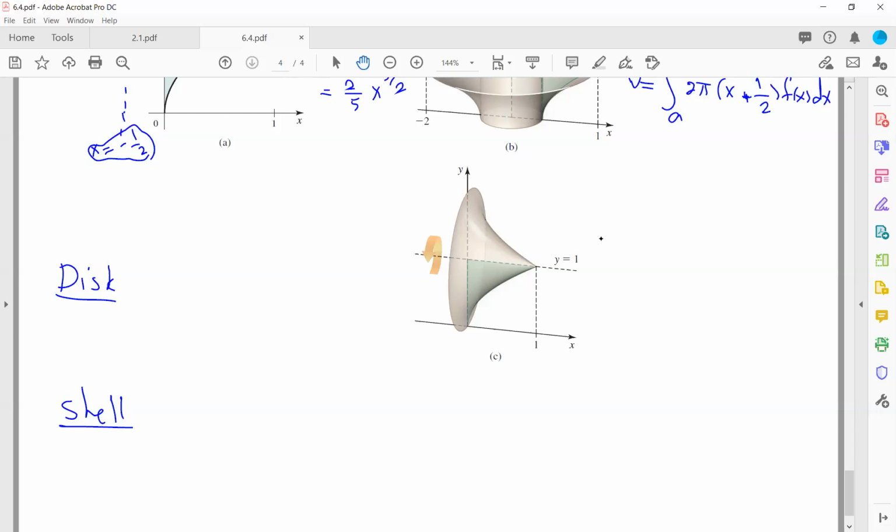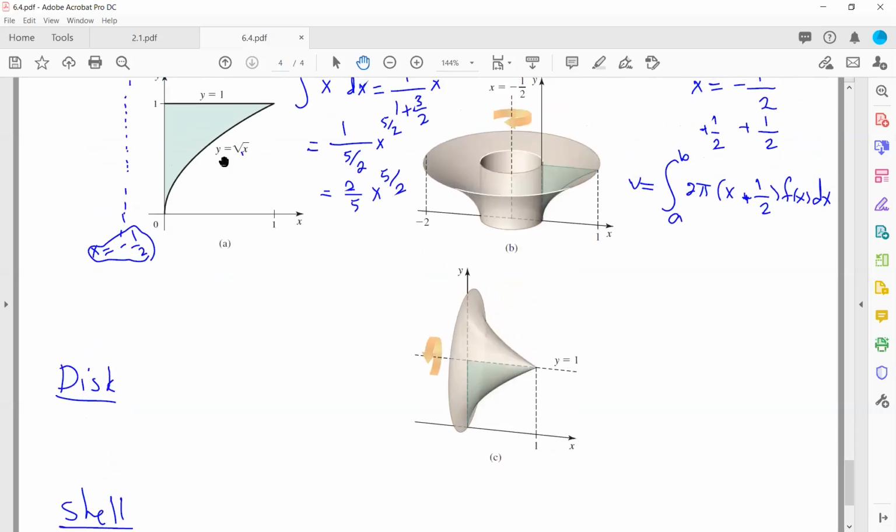So you're saying that you have y minus y sub 0 minus y sub 1. So the top function is which one? So take a look at this, guys. We are taking this and we're just rotating this about y equals to 1.